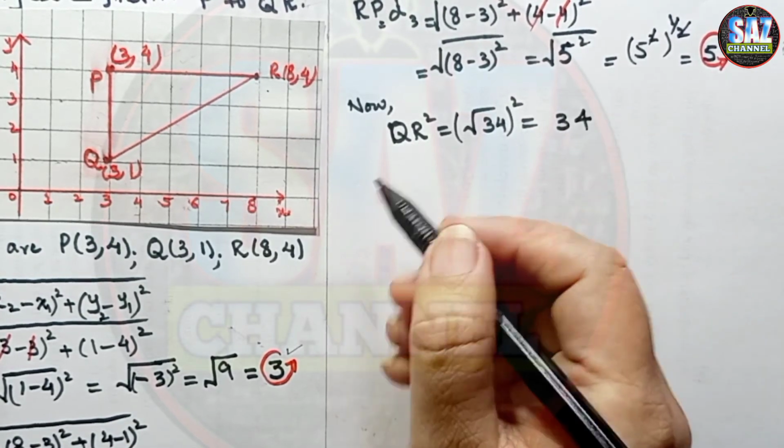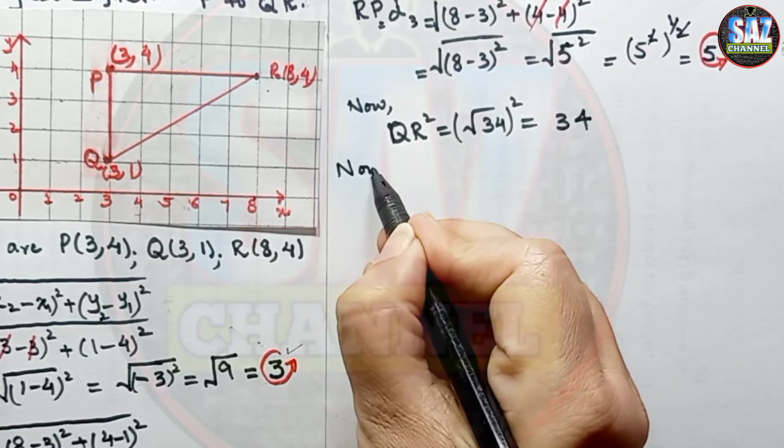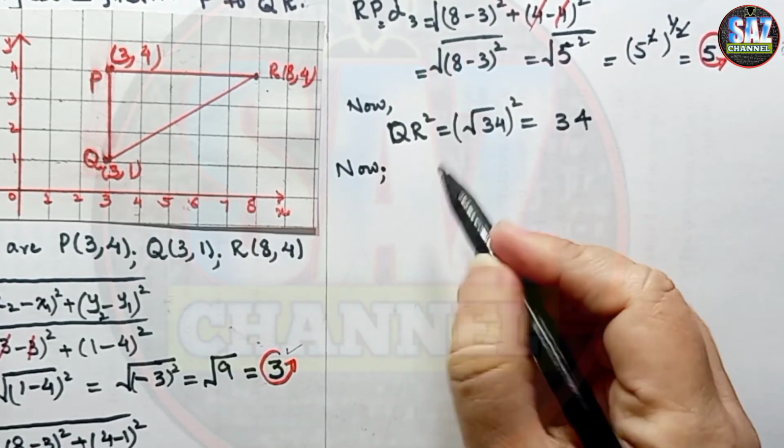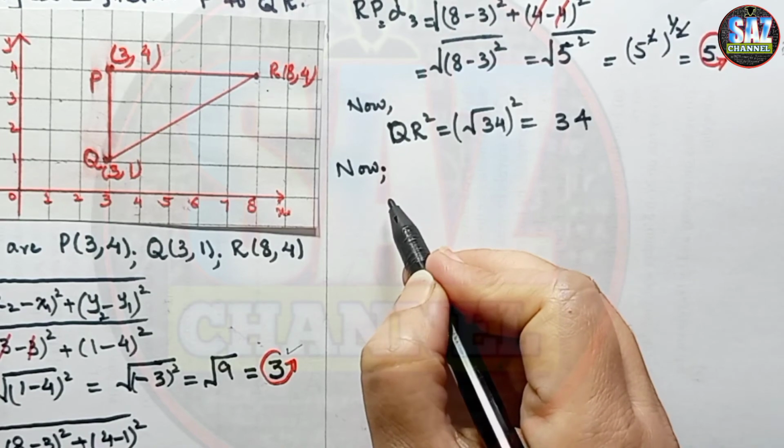And now we have to take the sum of squares of the two shortest sides.